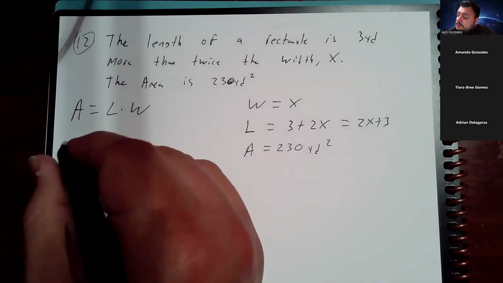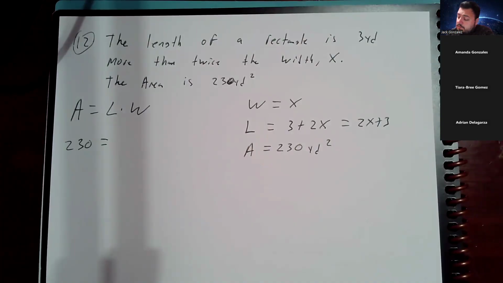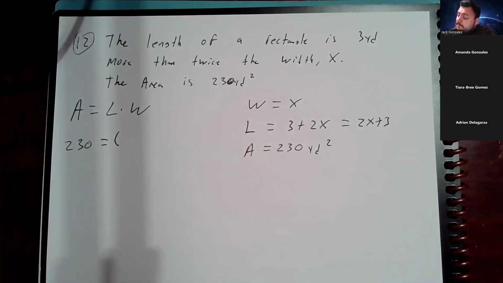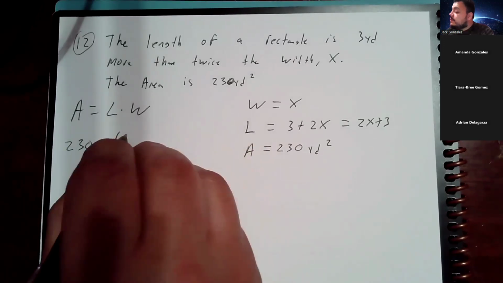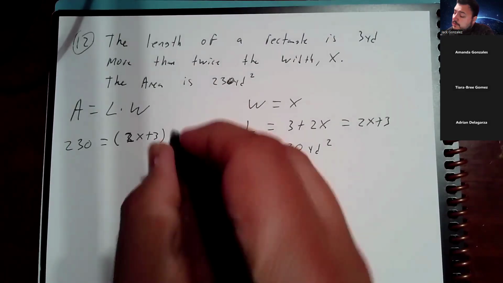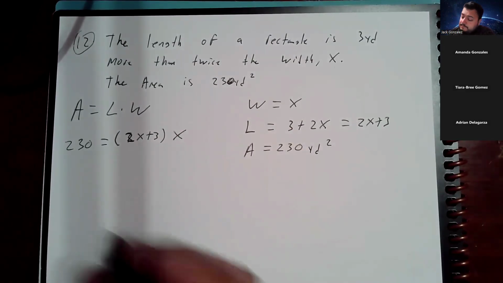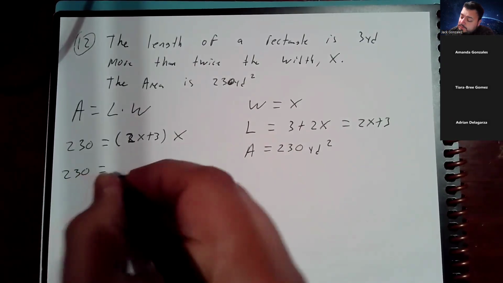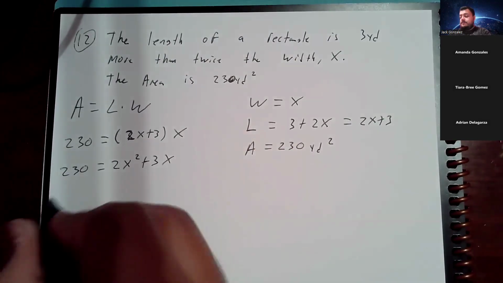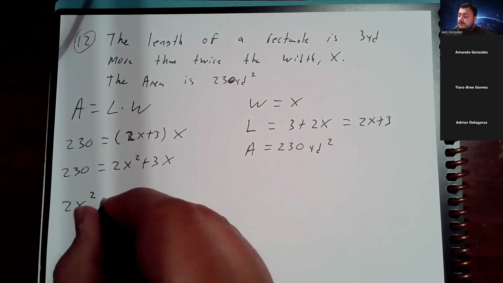This will be 230 equal to 2x plus 3 times x, which gives us 2x squared plus 3x. And if we solve for that, set it to 0, we end up here.